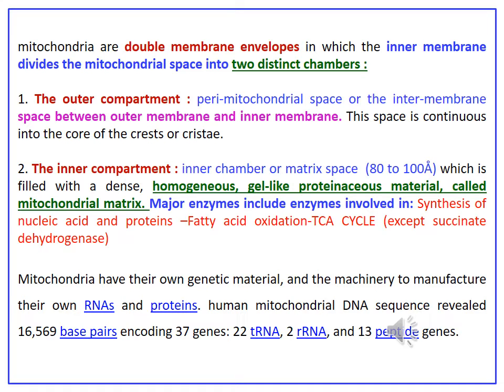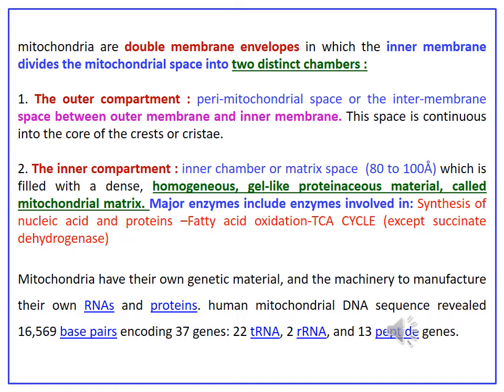The outer compartment, or perimitochondrial space, or intermembrane space, is the space between the outer membrane and inner membrane. The space is continuous into the core of the cristae.